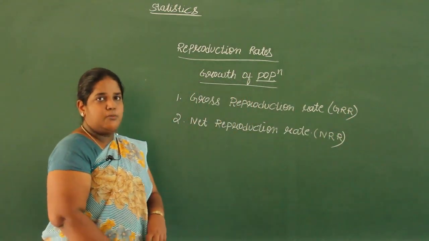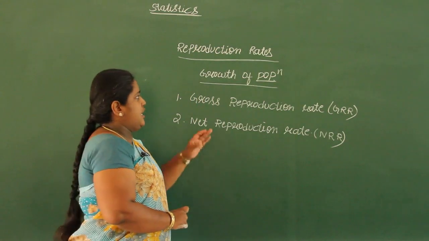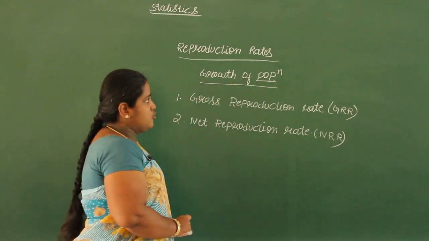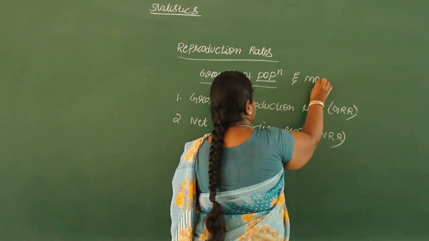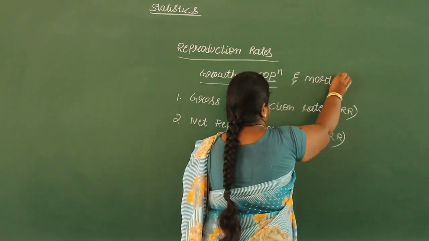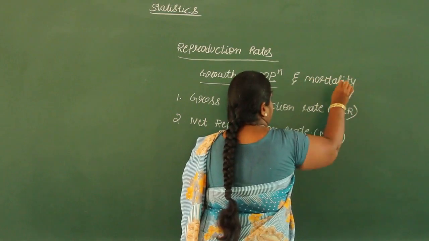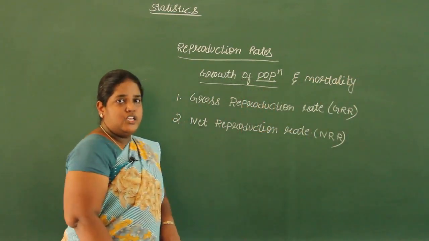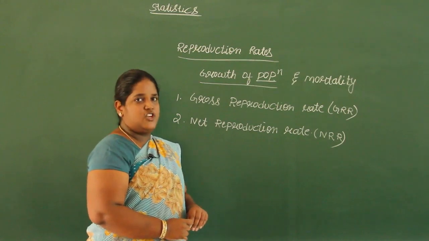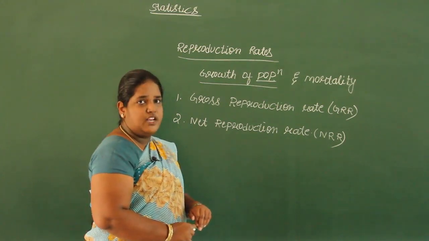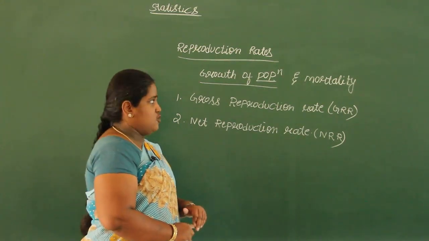If you consider the fertility rates, there we were not studying the growth of the population, and even the mortality was not studied. The woman who reached the childbearing age 15, we were assuming that she'll survive until she completes the childbearing age group.